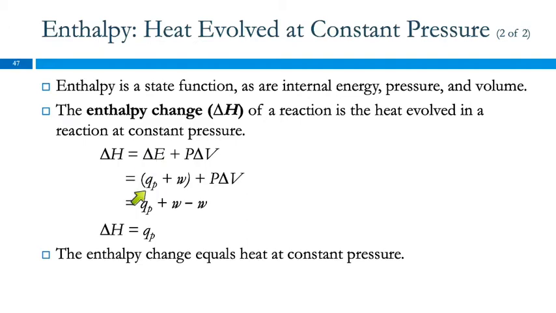So delta E is Q plus W. Here it's Q at constant pressure plus W plus P delta V. So now we have Q at constant pressure plus W minus W, because P delta V is equal to negative W. And we made the W's go away. W minus W is 0. And so we made delta H equal to Q at constant pressure. Delta E was Q at constant volume. The change in enthalpy is the heat exchanged at constant pressure.